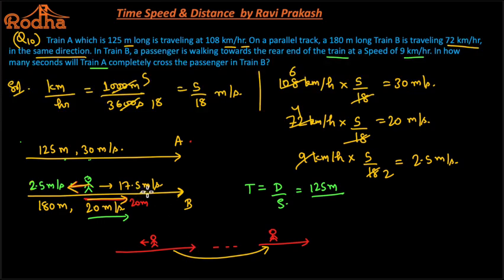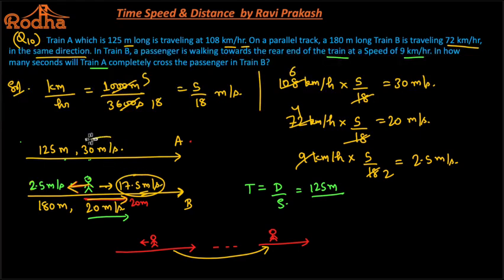So the person's effective speed becomes 17.5 meter per second, right? That means ultimately the person is moving towards the right side at 17.5 meter per second.